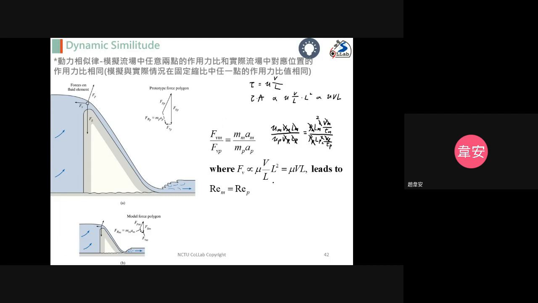So we know that mu_m divided by mu_p is equal to L_m squared divided by T_m, and this is L_p squared divided by T_p. So we just move the parameters.